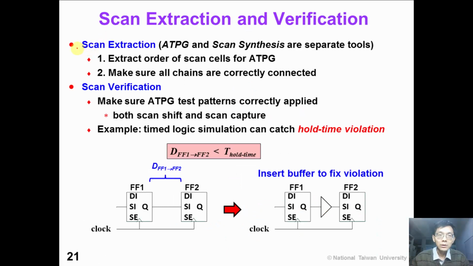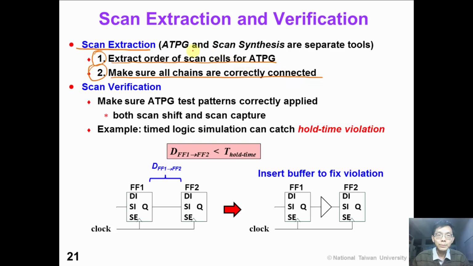So there are two purposes of scan extraction. The first purpose is to extract the order of scan cells for ATPG, and the second purpose is to make sure that all the scan chains are correctly connected.